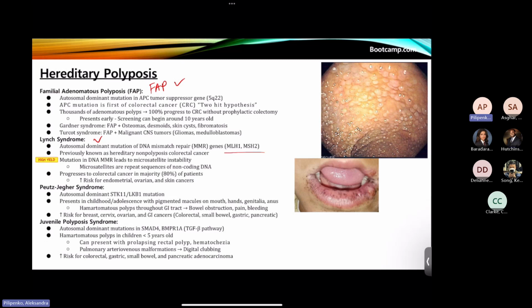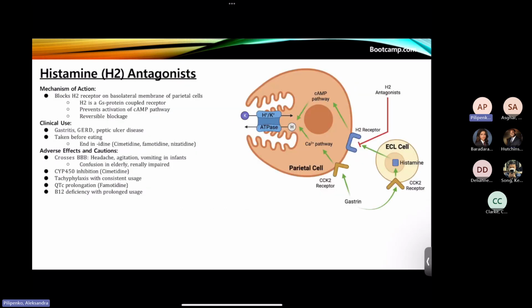There are a lot of mnemonics in First Aid you can use. For example, this one says take 11, and 11 means it is most common in children around 10 or 11 years old. Juvenile polyposis, you will learn all of that.